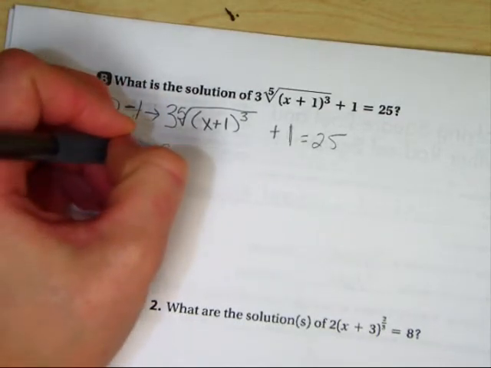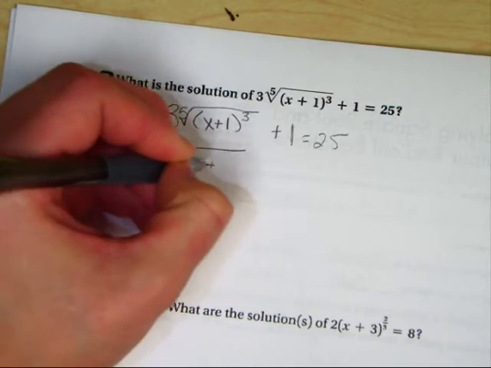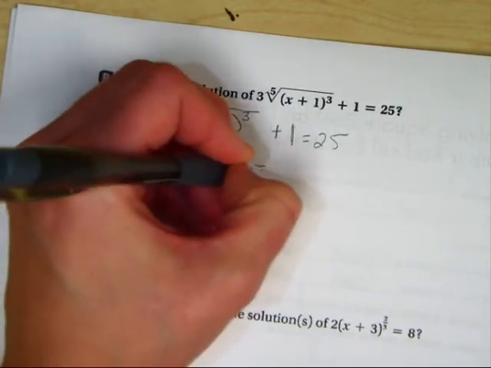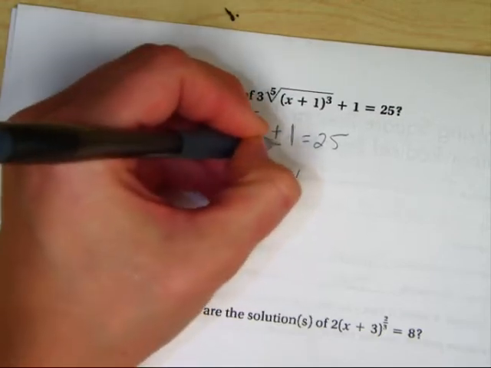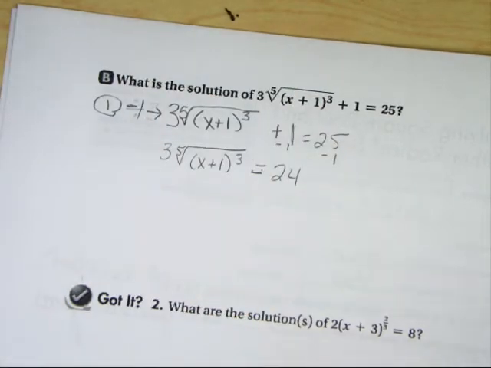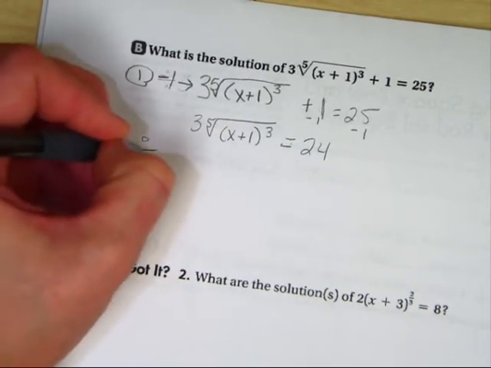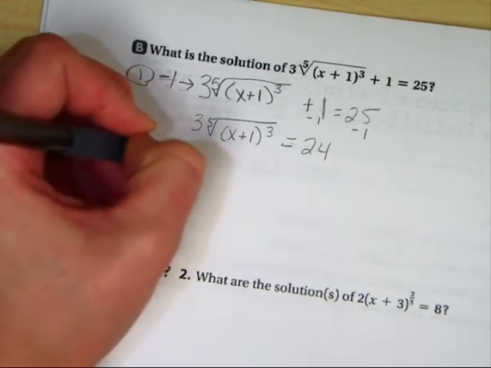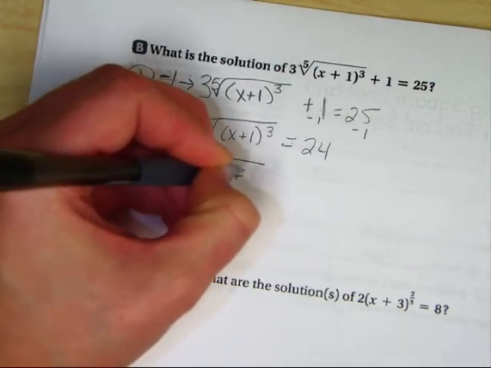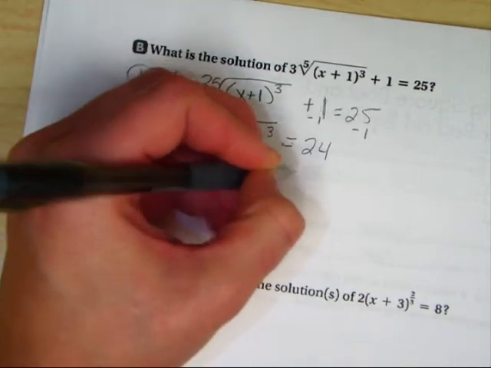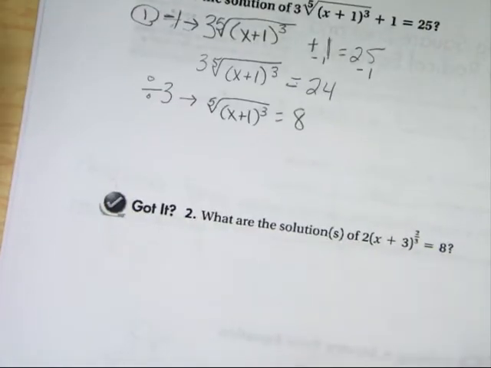So it's going to give me 3 times the fifth root of x plus 1 cubed equals 24, because I do minus 1. And now I divide by 3. So I get the fifth root of x plus 1, the quantity cubed, equals 8, because I divided by 3.